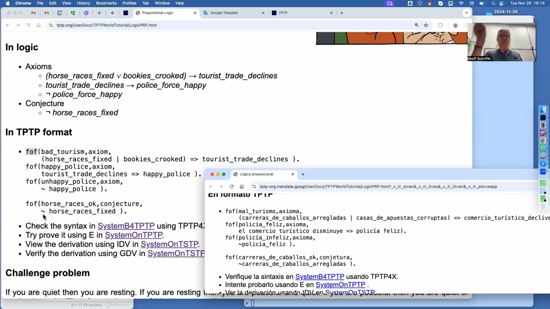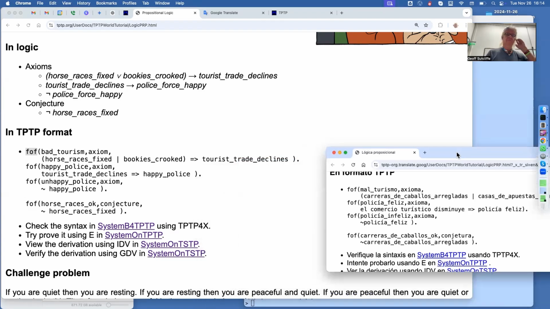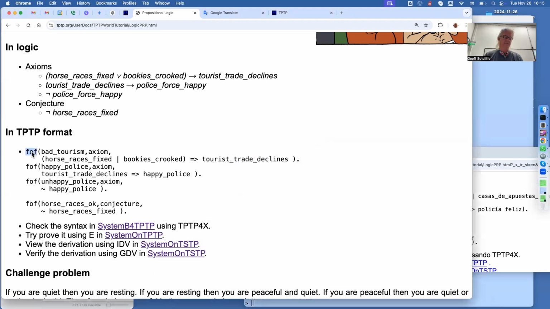That's negation, the squiggle line here. So that's the whole problem written in the TPTP logic language. What do we do now? When you write a program, step 1, check the syntax. So how do we check the syntax? I'm going to highlight this.